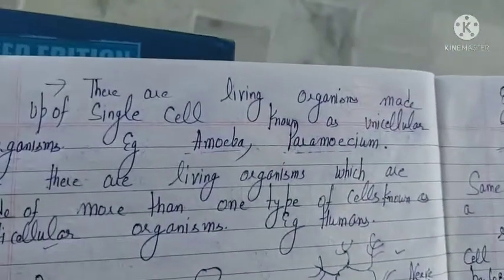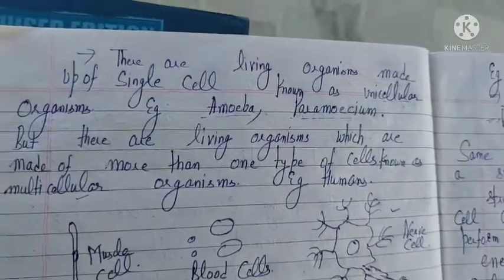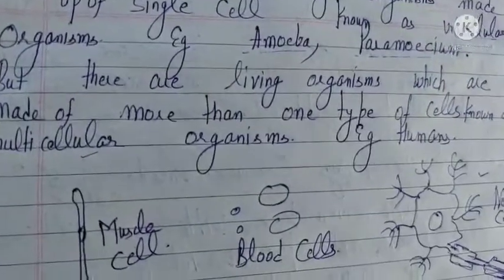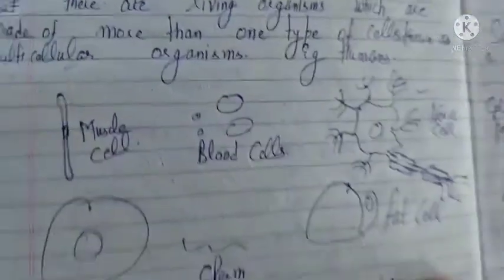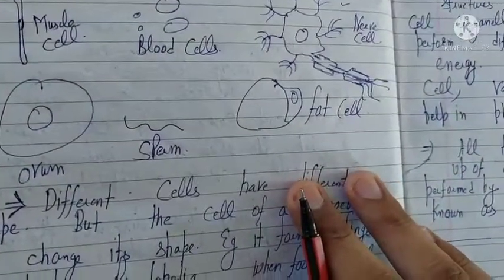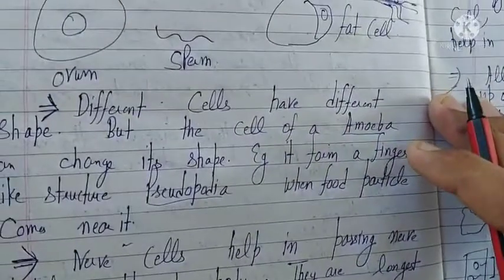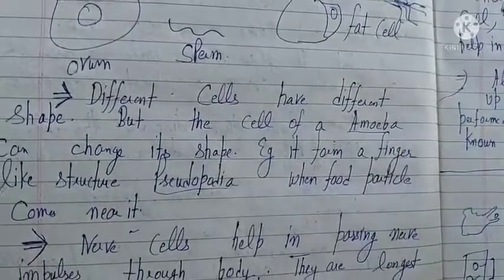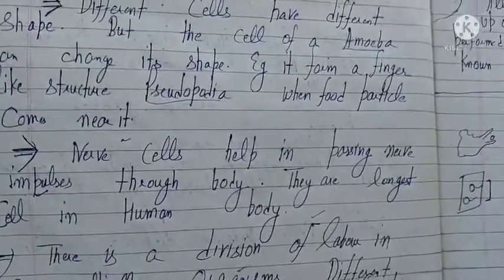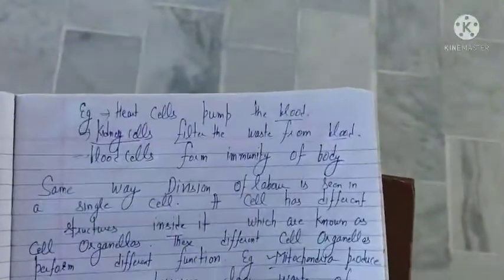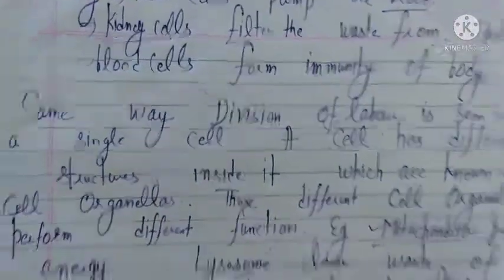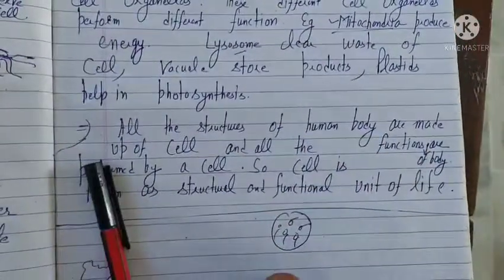Then unicellular organism means single cell organism. Then multicellular organisms came in our discussion, more than one type of cells. Different cells have different shapes, different functions. The cell of amoeba can change its shape, and division of labor exists inside the human body, and division of labor also exists inside the single cell. Cell is known as the structural and functional unit of life.